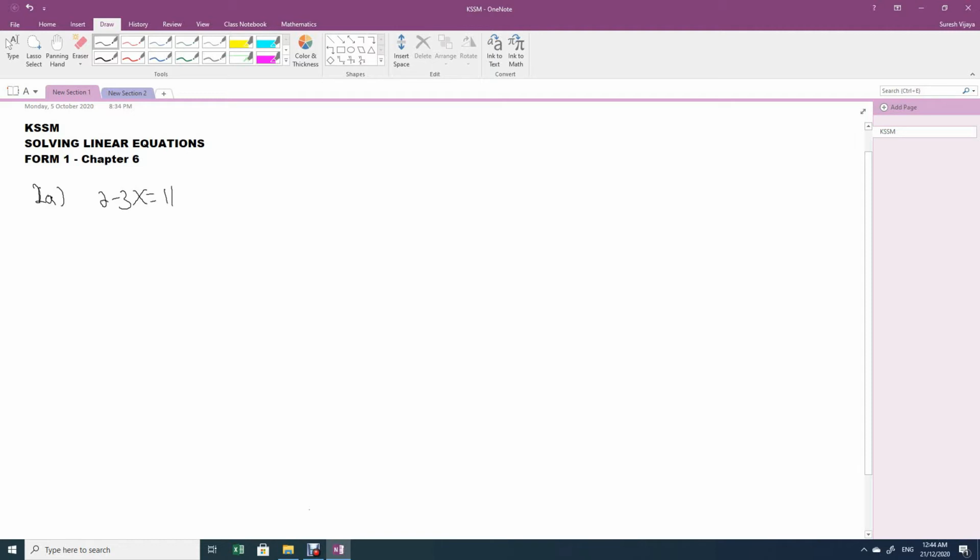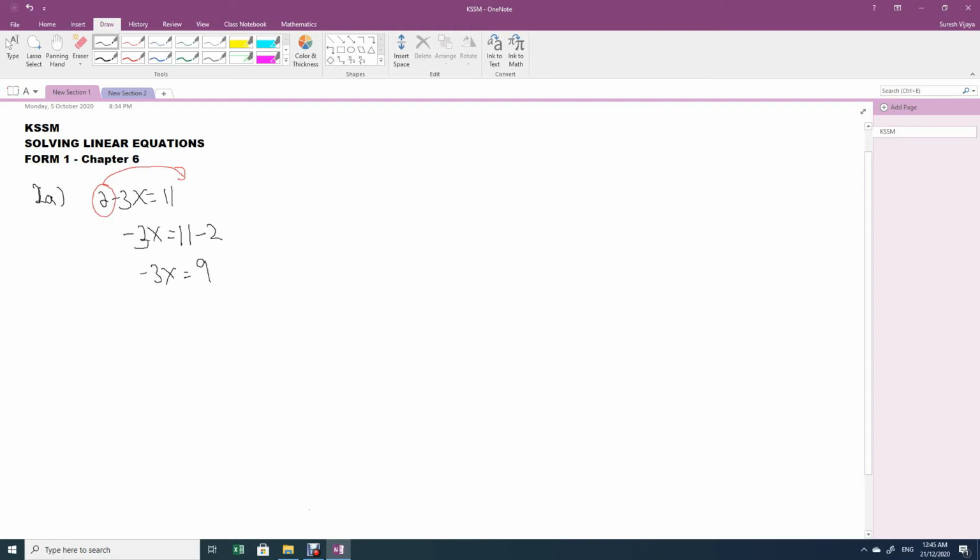What we can do is bring 2 to the other side. 11 minus 2. When you cross over from plus 2, you will get minus 2. So we have minus 3x equals to 9.